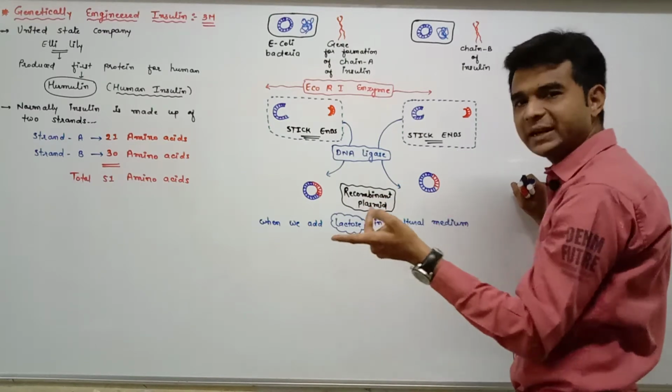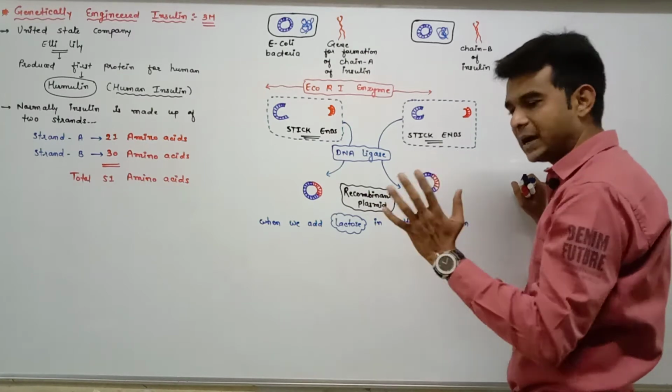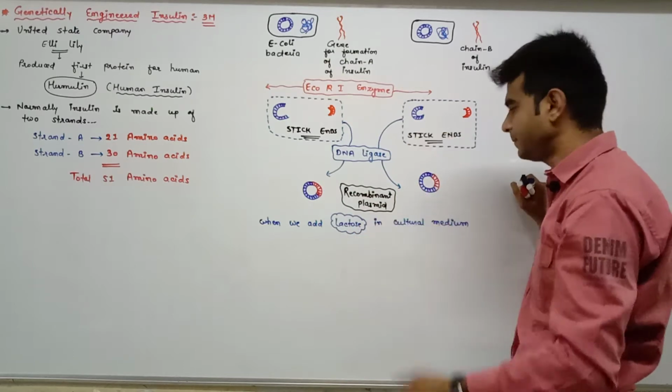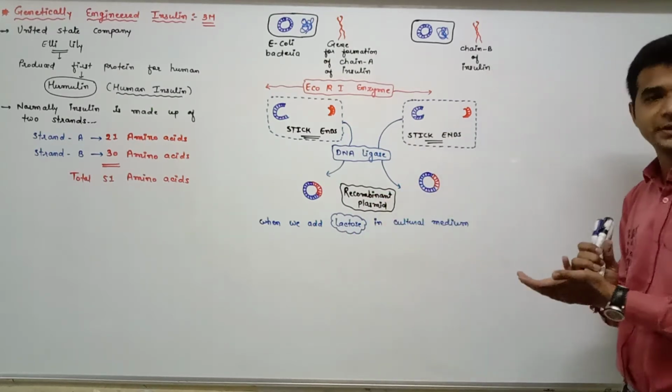That is known as recombinant E. coli bacteria. Now we keep this E. coli bacteria in culture medium, but we add lactose to it.